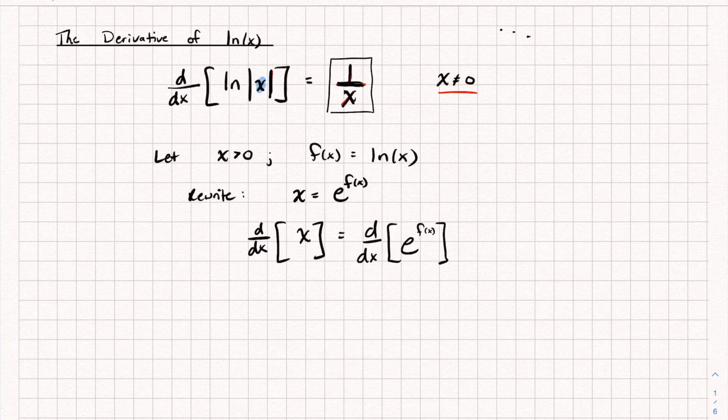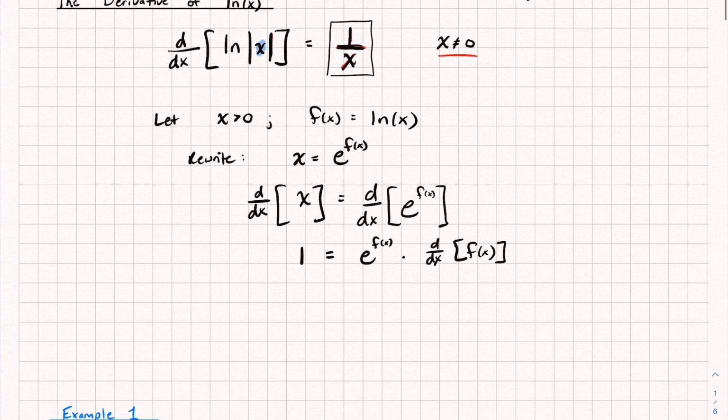The derivative of x is just 1. And when I take the derivative of e to the f of x, remember that its derivative is e to the f of x times the derivative of that power. So then this would be 1 equals e to the f of x times the derivative of f, which is just f prime.